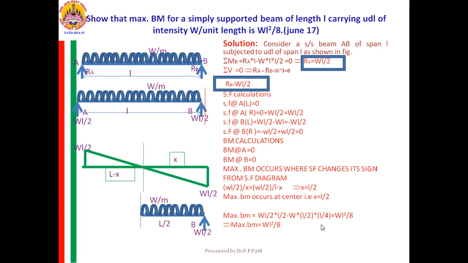So when you simplify it, you will get WL square divided by 8. Therefore, the maximum bending moment in case of a simply supported beam carrying UDL is WL square divided by 8.